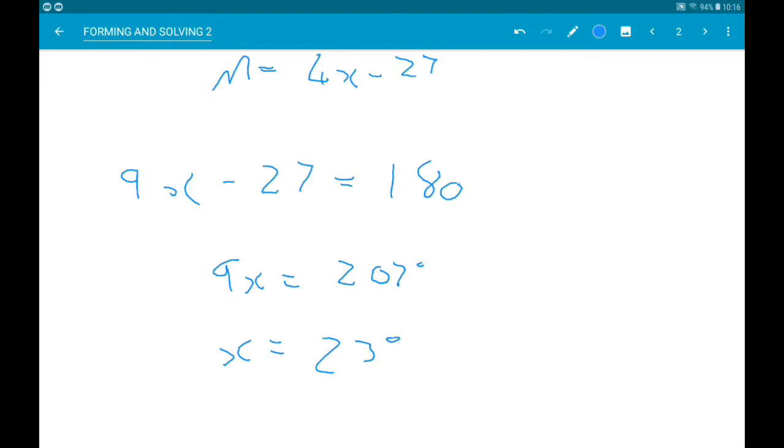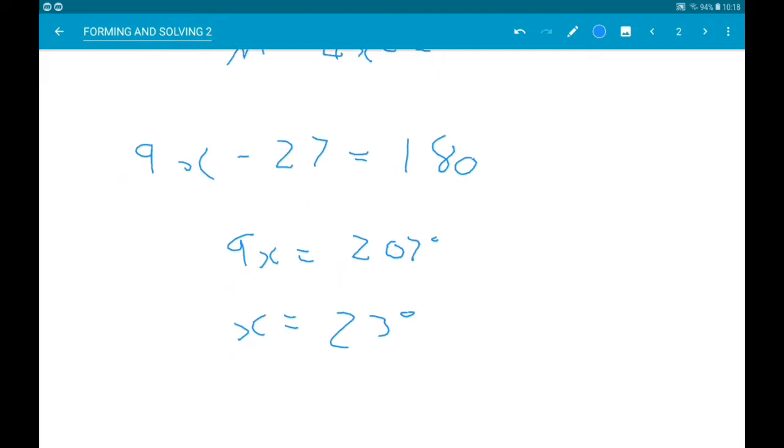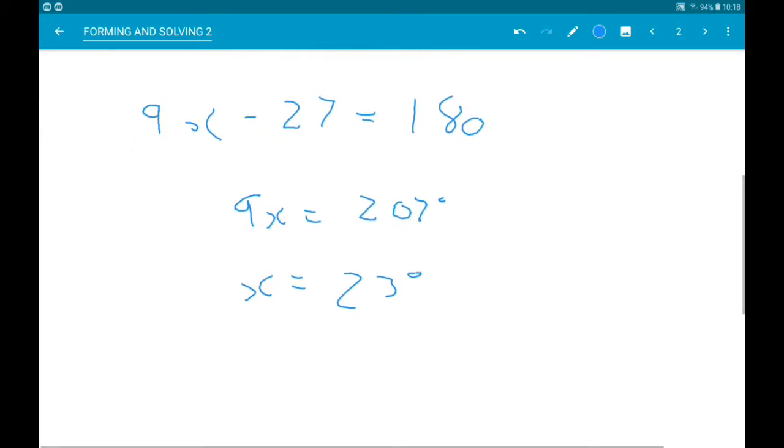So now that we know what x is, we can now find the size of each angle. So we know the smallest is 23 degrees. The largest is 4 times 23 degrees, which is 92 degrees.